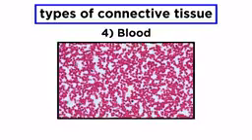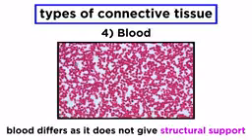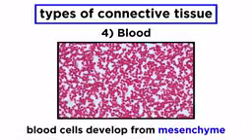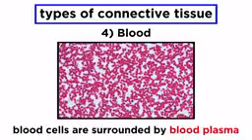Speaking of blood, which is the fluid found in blood vessels, this is also the fourth type of connective tissue. It seems counterintuitive because it doesn't connect or support anything, but we call blood a connective tissue because it develops from mesenchyme, and blood cells are surrounded by a non-living fluid matrix called blood plasma.